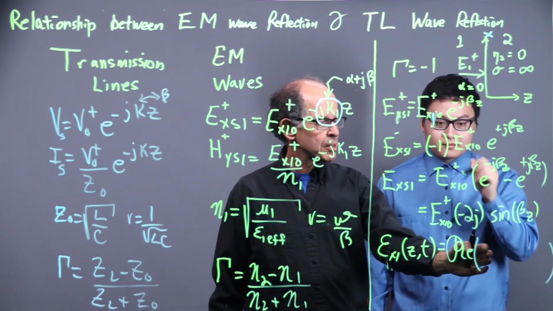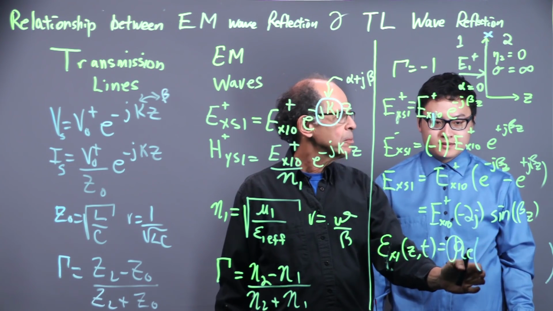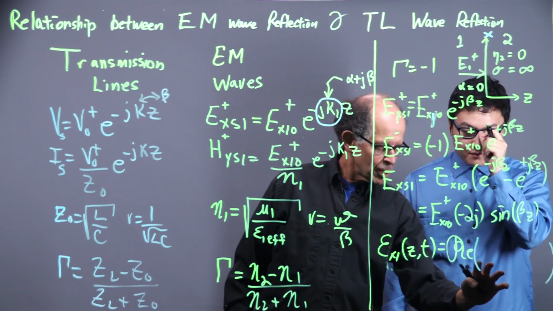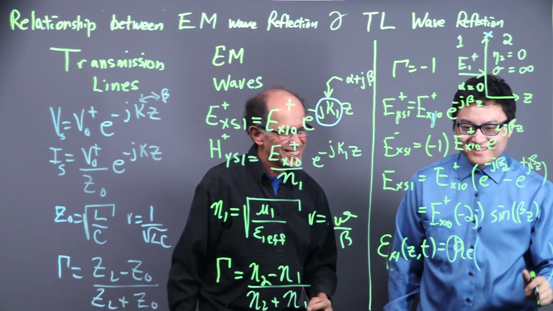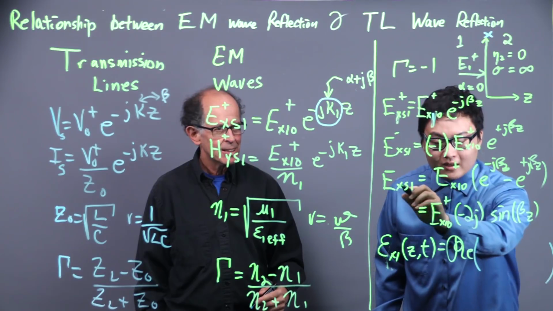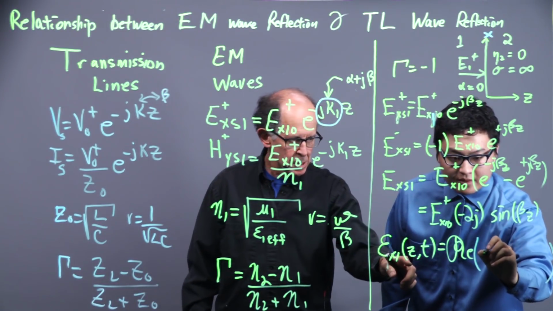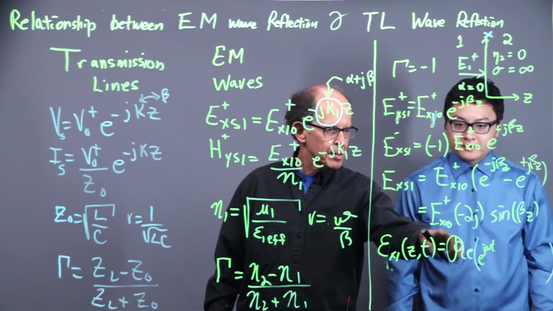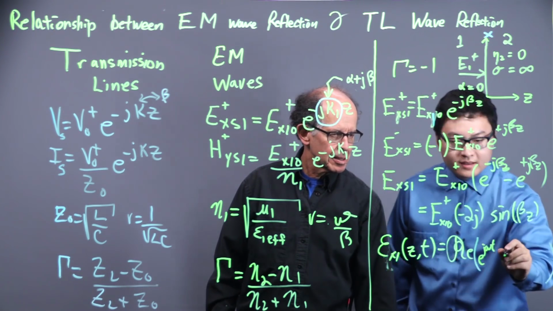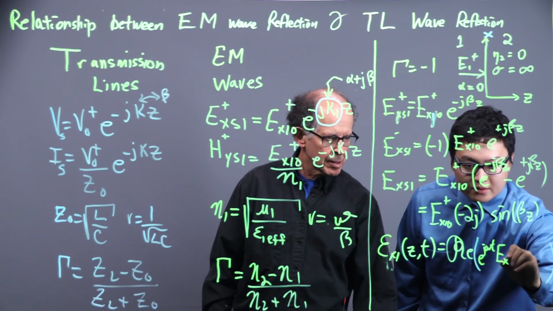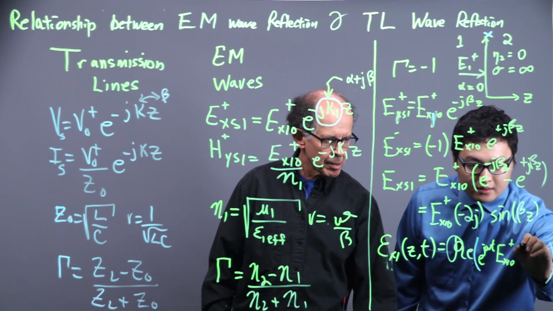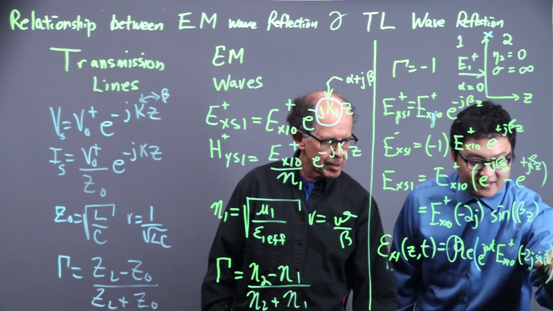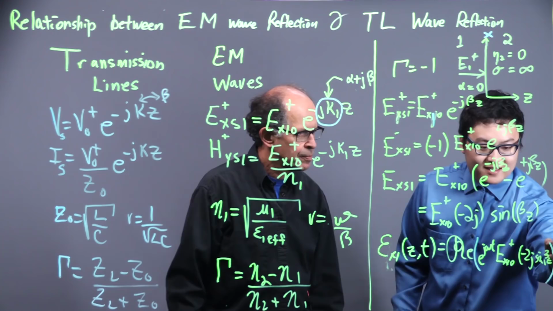We have to take the real part, so we multiply by what? e to the j omega t. So put the e to the j omega t in first, real small. There we go. Now put that in, sine beta z, and put a closed bracket there.